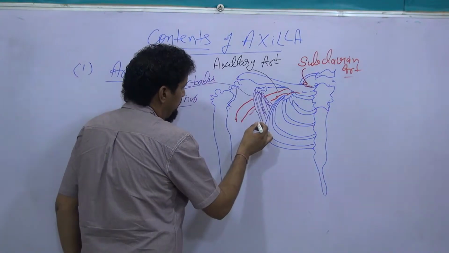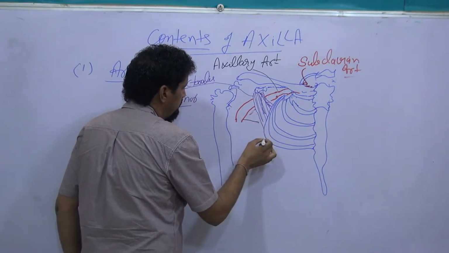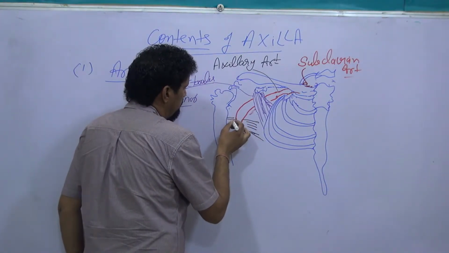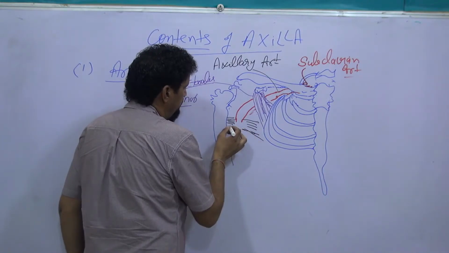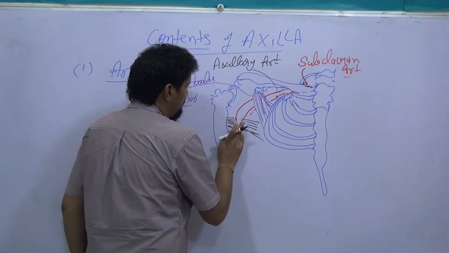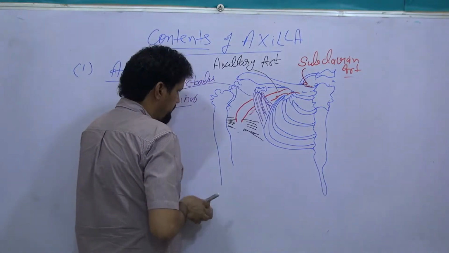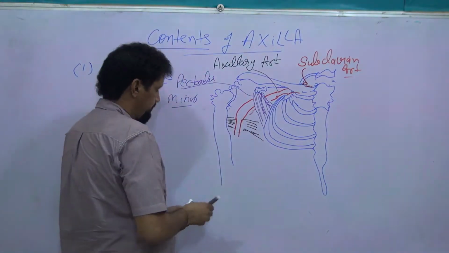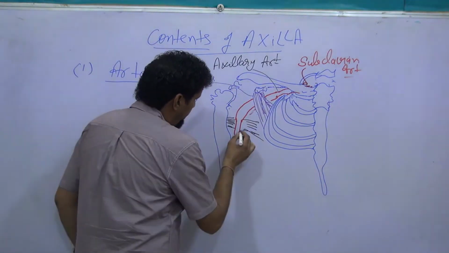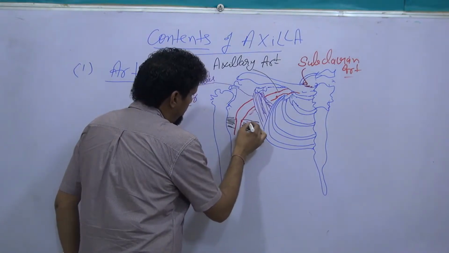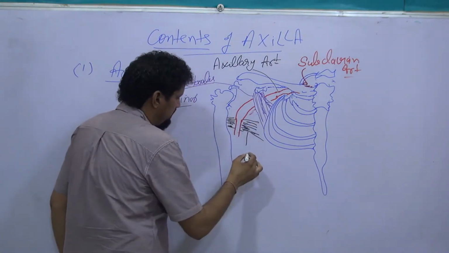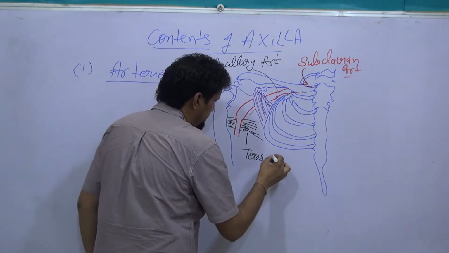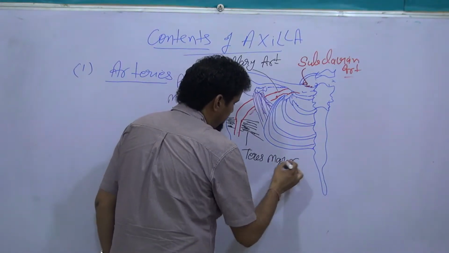One more muscle coming from the scapula to the humerus. A little complicated relations here. This muscle is teres major, not pectoralis major. This is teres major.